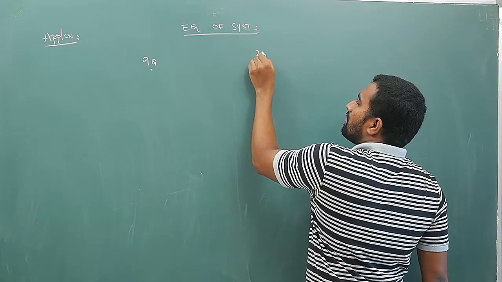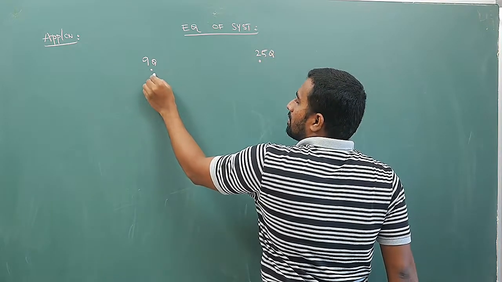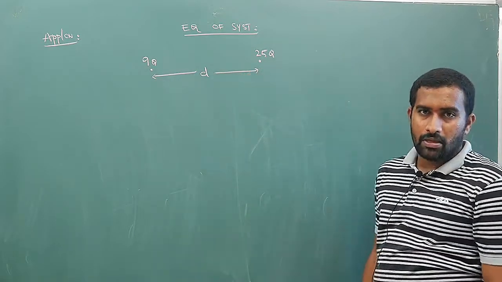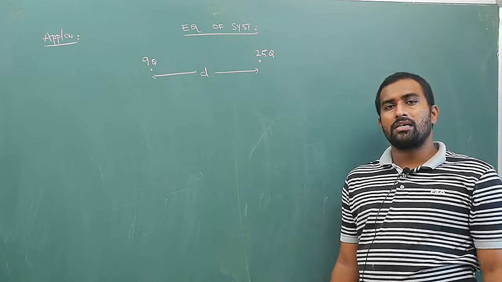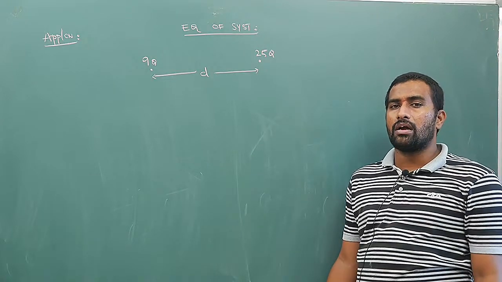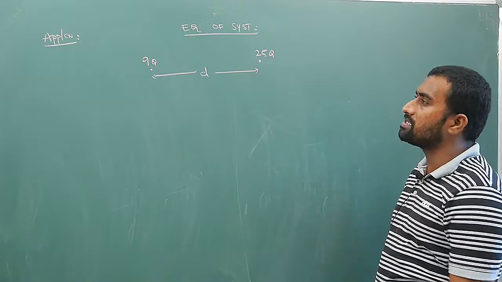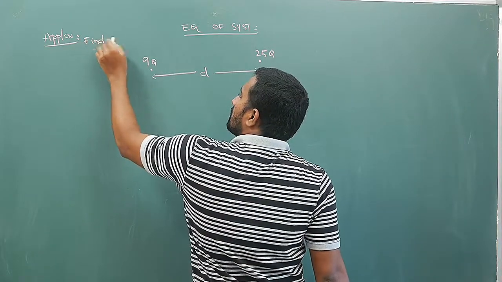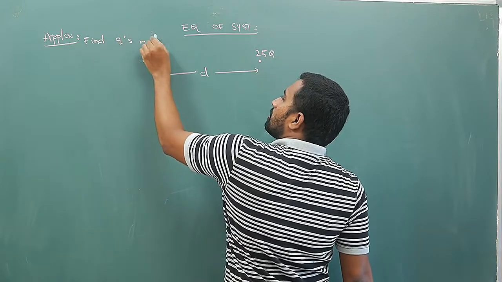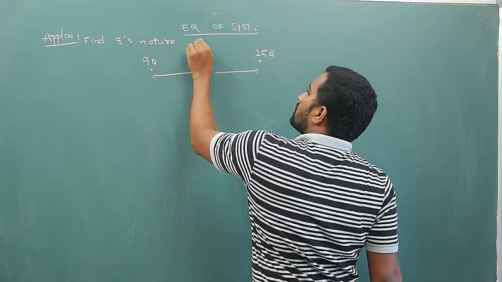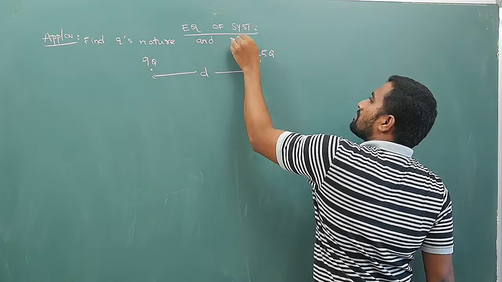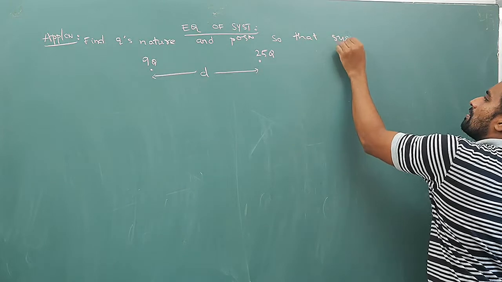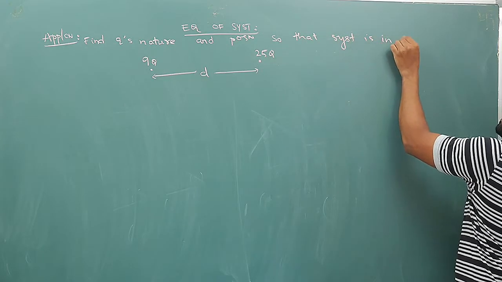and the other is 25q. Let us say the distance between these two is d. The question is: find which charge, its magnitude, and where it is to be placed so that the system is in equilibrium. Find q's nature and position so that the system is in equilibrium.